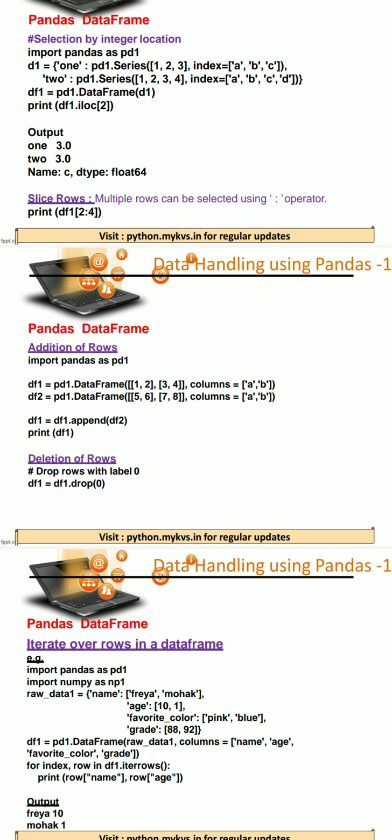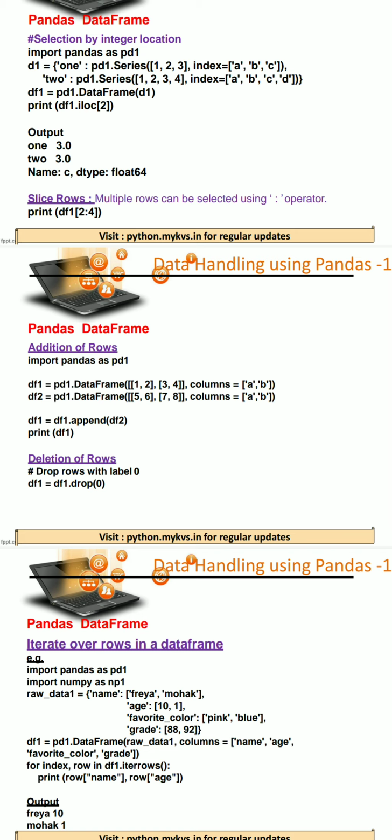Next students, if you want to remove a particular row from a data frame, it is possible. What we have to do is call the method drop, df1 dot drop, and inside the bracket we mention the index position, meaning the row position to be deleted in the data frame. The first row is at index position 0, the second row is at index position 1.